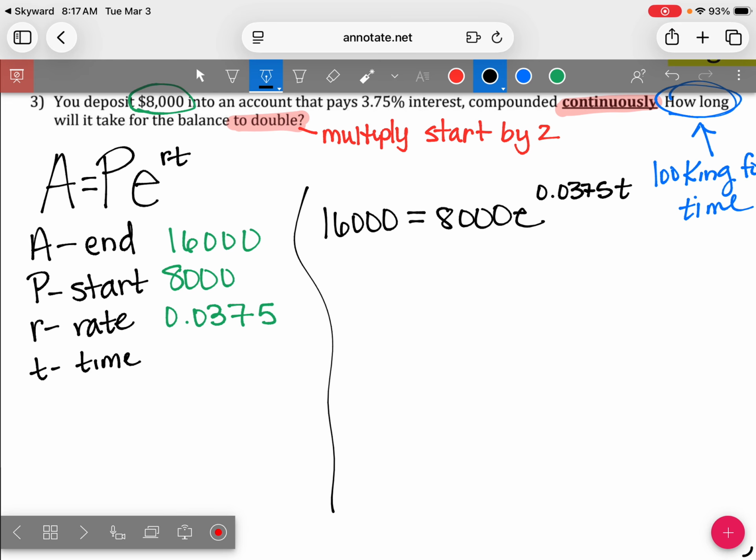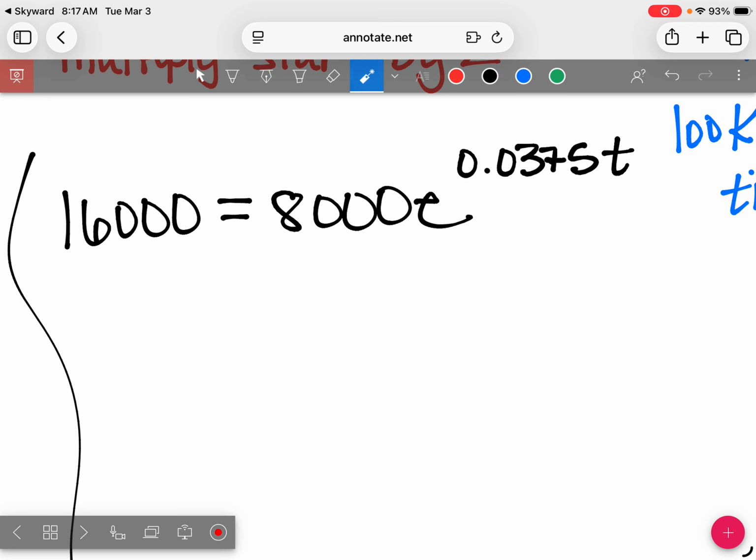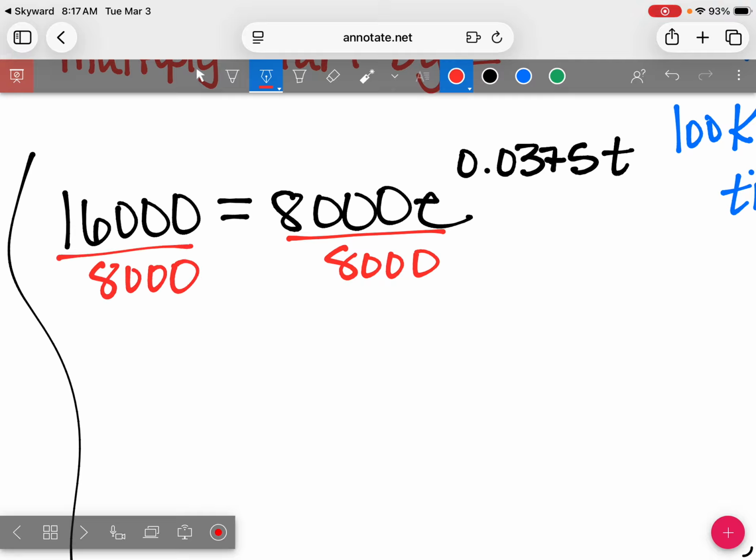So the first thing I need to do is isolate E, which means that right now E is being multiplied by 8,000. And what's the opposite of multiplication? So we need to divide both sides of my equation by 8,000, which will give you 2.